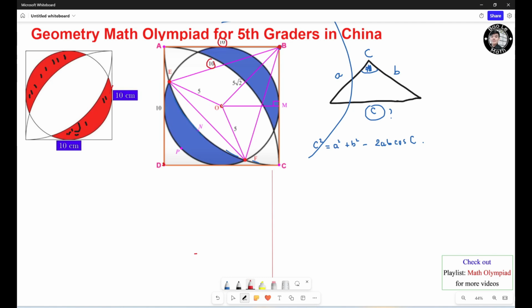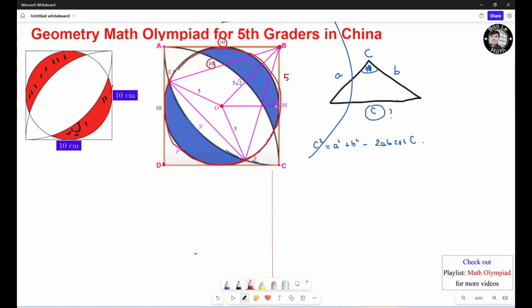Now, O right here is the center of this circle, and M is the tangent point, so BC becomes a tangent line. Now, BC equals 10, so BM must be equal to 5.